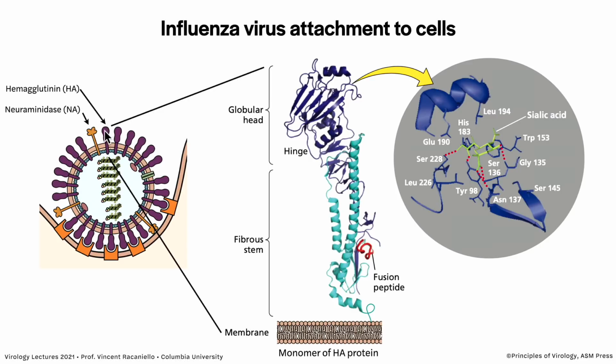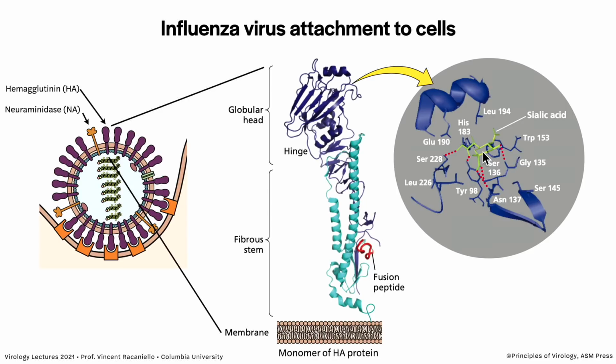So let's take the hemagglutinin and look at its 3-dimensional structure, which was solved many years ago by X-ray crystallography. It's a trimer, of course, and here's a monomer. And at the bottom here, it's attached to the viral membrane. And at the top is a globular domain, and that's where sialic acid, which is the receptor, binds. And this on the right here is a top view looking down on the HA, and we're looking at a co-crystal of sialic acid with HA.